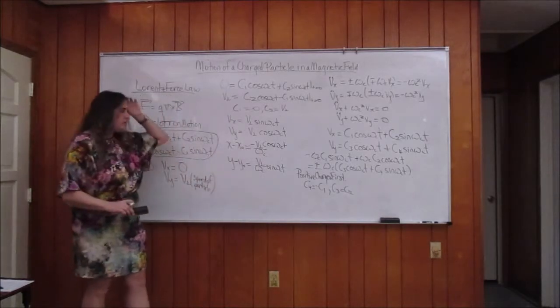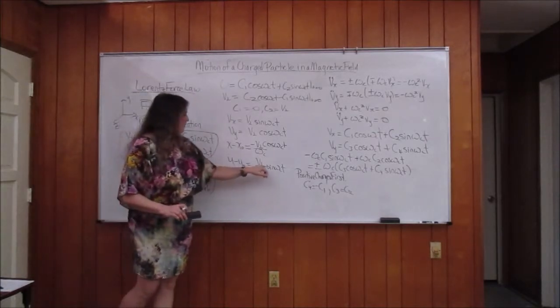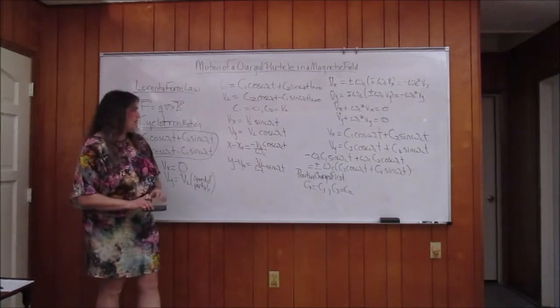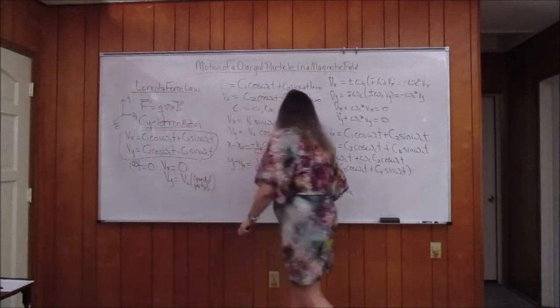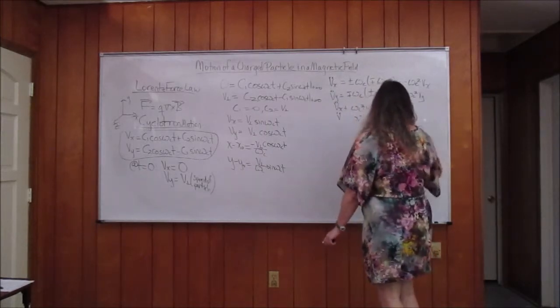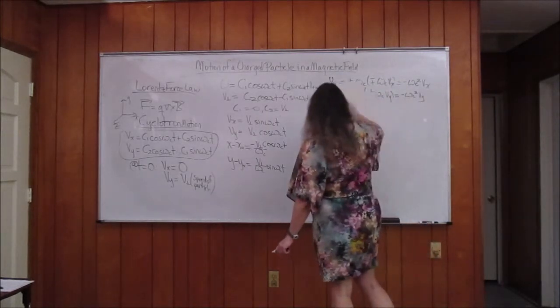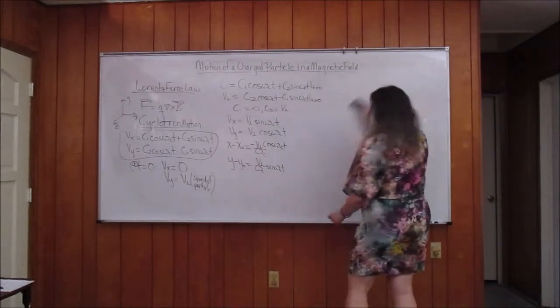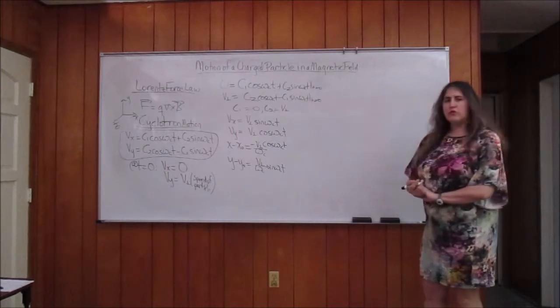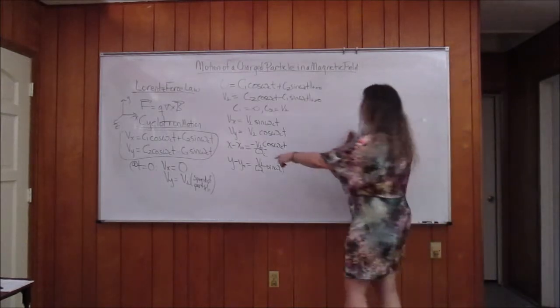And in the y direction, I'll have y minus y naught is equal to the speed of the particle over omega c times sine of omega c times time. These two equations trace out the motion of a circular orbit, or in other words, cyclotron motion.